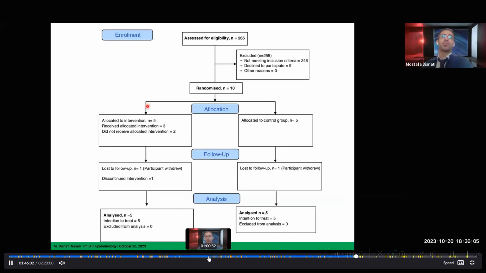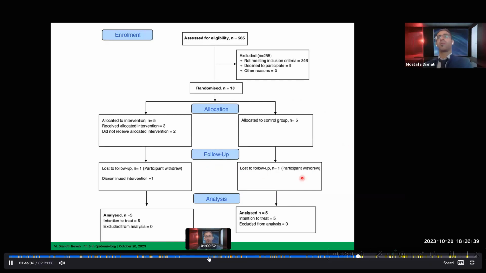Also, in the method section of your study, you must provide this flowchart for the reviewers and editors to show how many participants you wanted to include and how many of them were excluded. Then randomization was applied for how many people, and then allocation, how many individuals in the control group and how many individuals in the drug or intervention group.